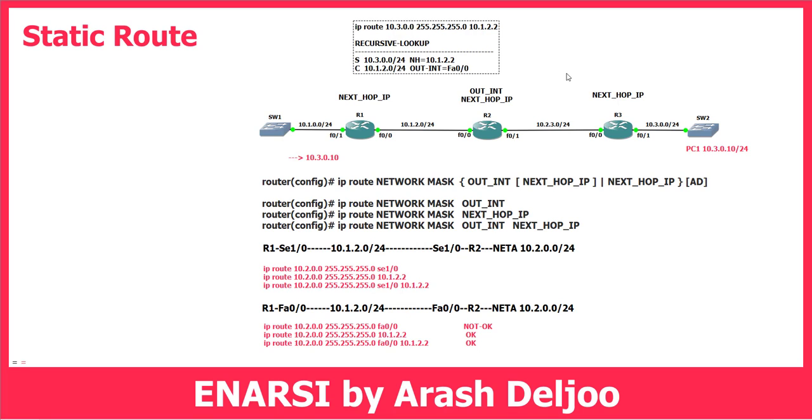This means that when you know about the next hop, actually here you have the outgoing interface. Because of that, router 1 can forward the packet to router 2 from FastEthernet 0/0.